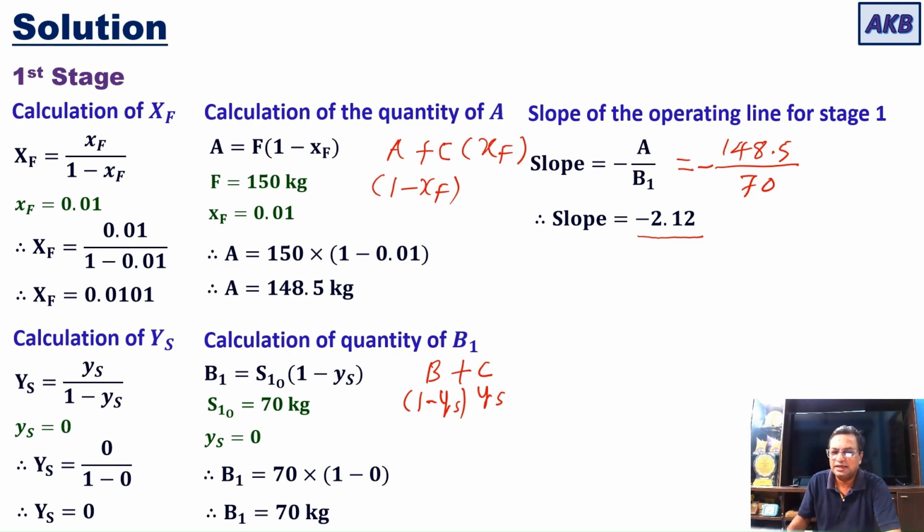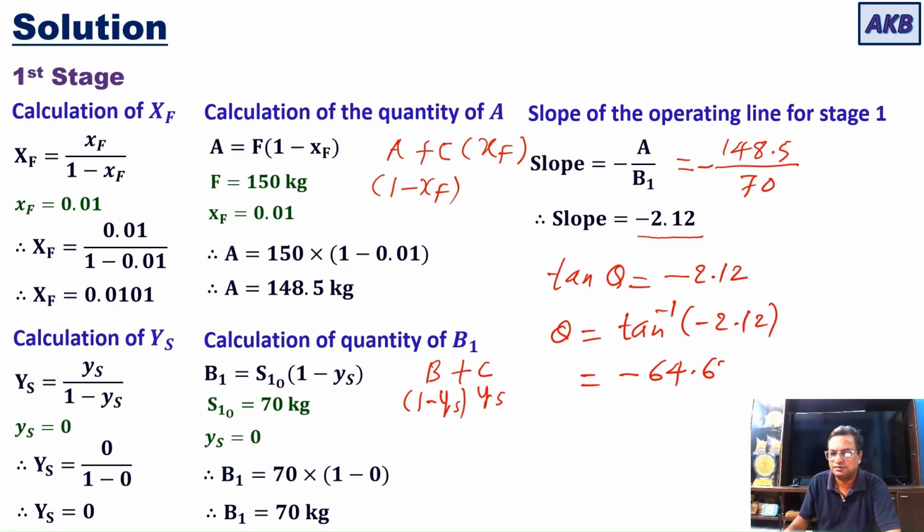Therefore, the angle made, that is tan theta, is equal to minus 2.12. So theta will be equal to tan inverse of minus 2.12, and this is nothing but minus 64.65 degree.